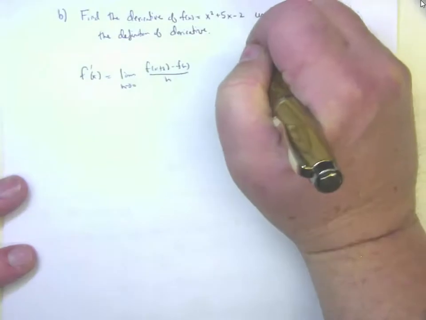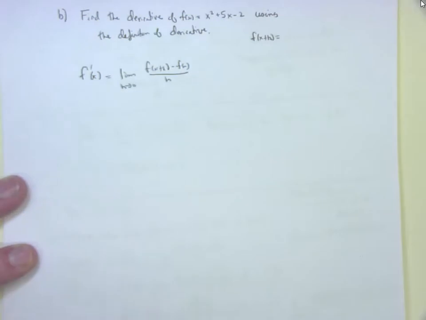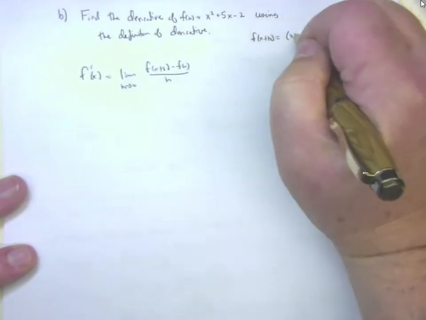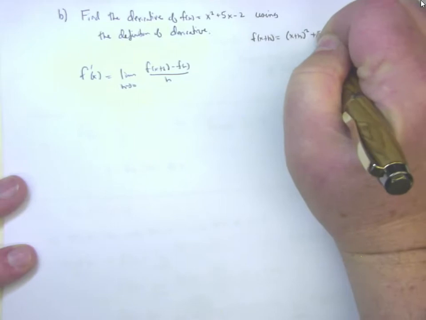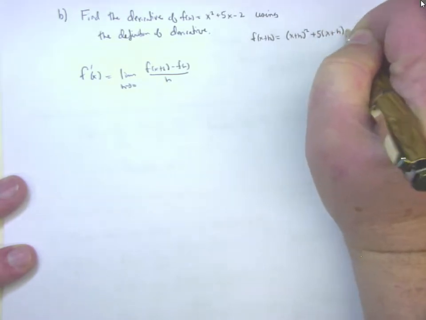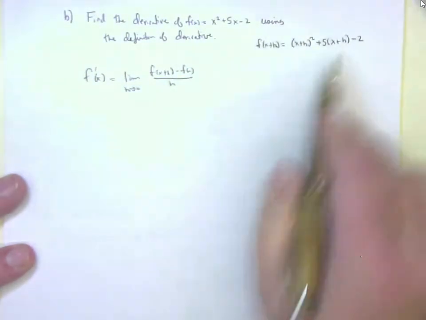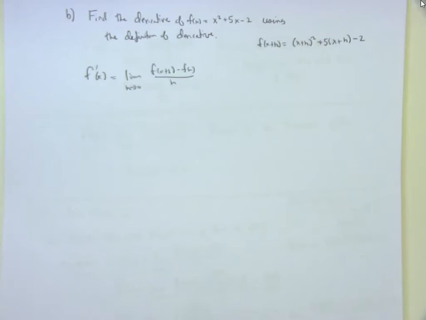So f of x plus h would be what? I don't care what's inside the parentheses. Whatever's inside the parentheses is what I replace x with in the f of x function. So this would be x plus h squared plus 5 times x plus h minus 2. All I did was replace all the x's with x plus h. Now this is a large process, but don't worry, I'm going to help you guys out today.